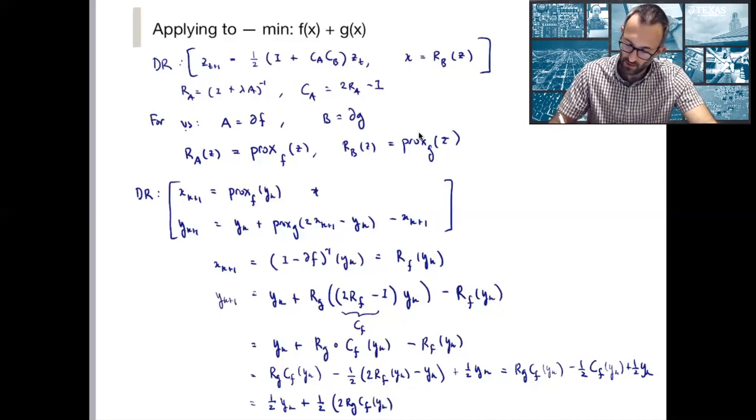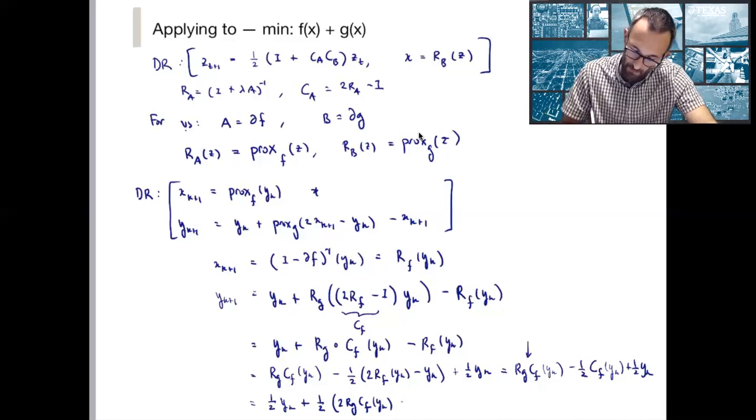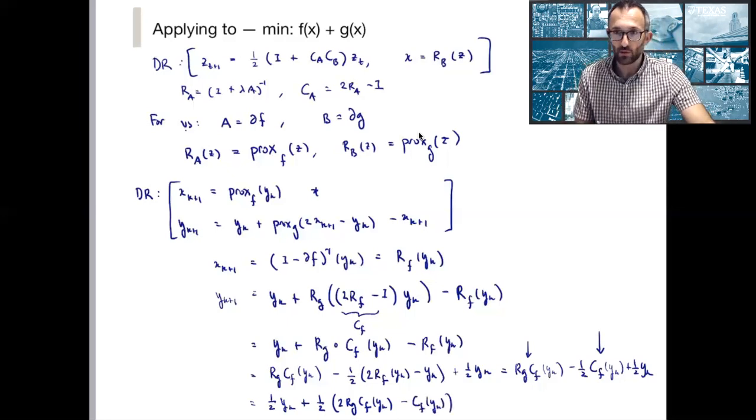That was this term right here that I just pointed to, minus this term, and since I already factored out the 1/2, this is just going to be CF of yk. And you can see what I have here.